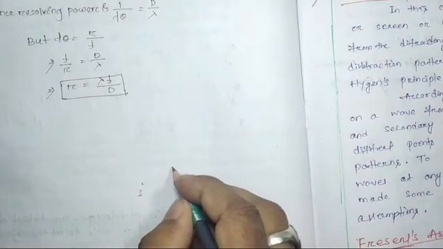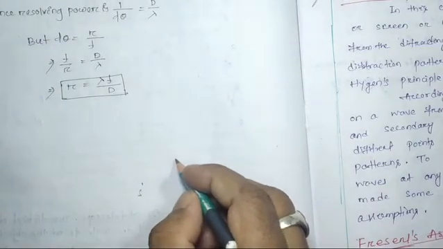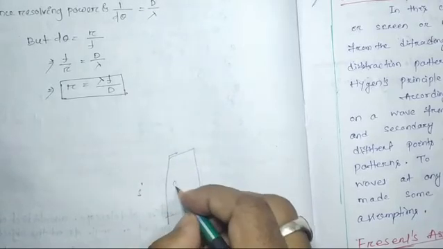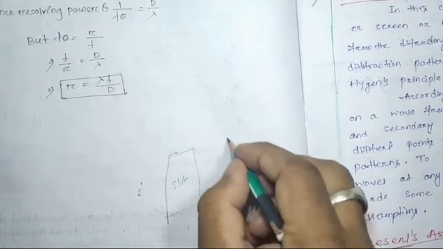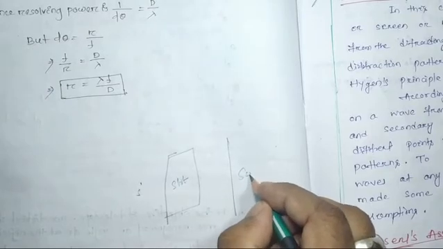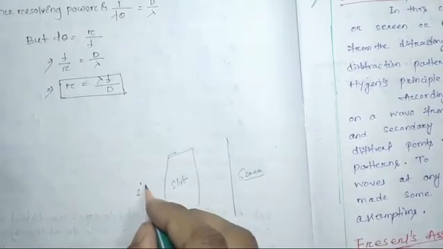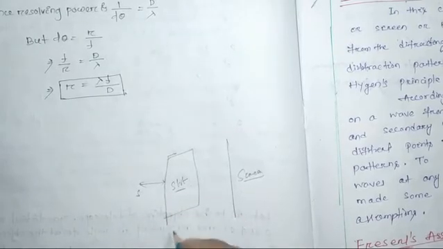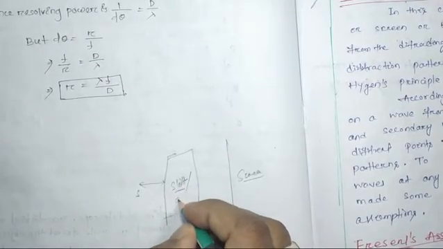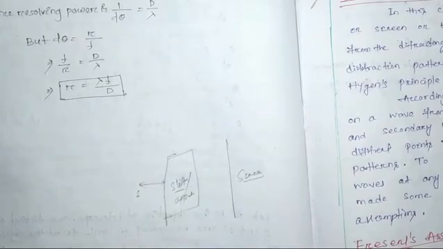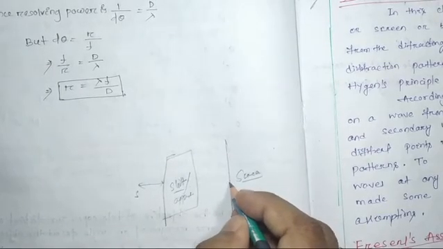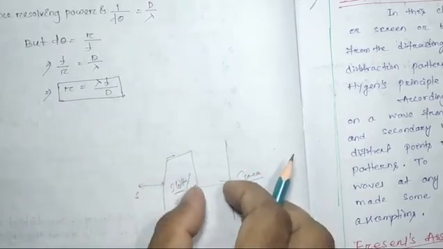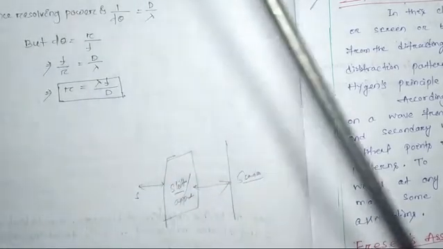and suppose this is your aperture, or slit you can say, and this is your screen. So either the source is at a finite distance from the slit or aperture, or the screen is at a finite distance from the slit, or both source and screen are at a finite distance, not at infinite distance.